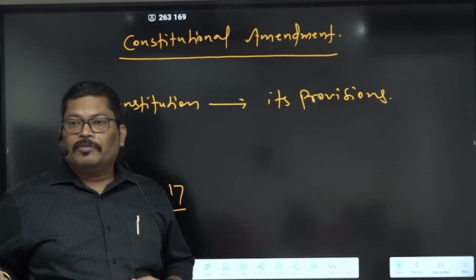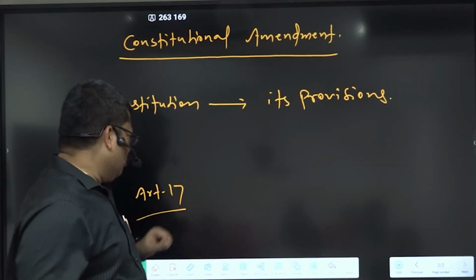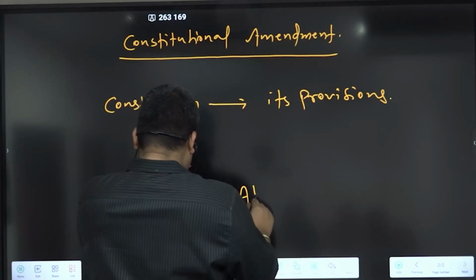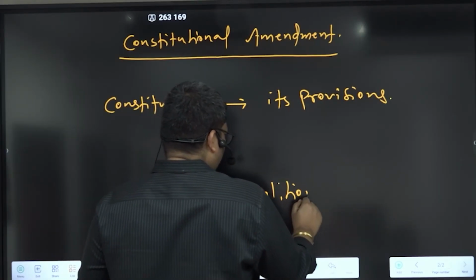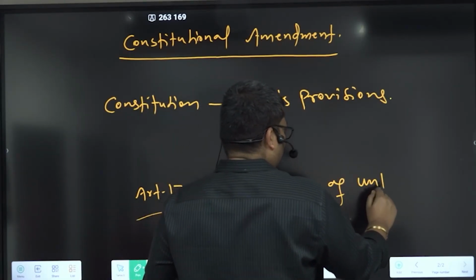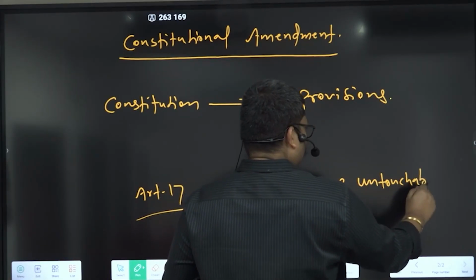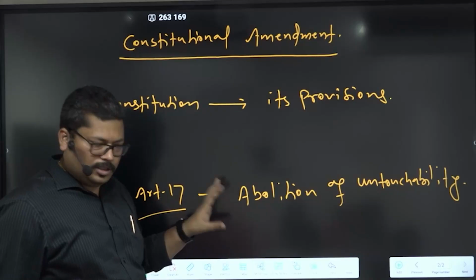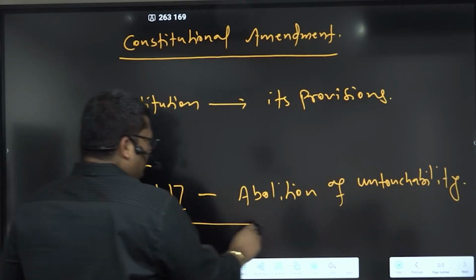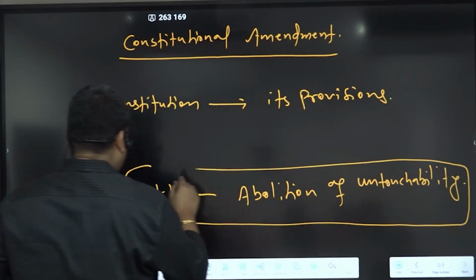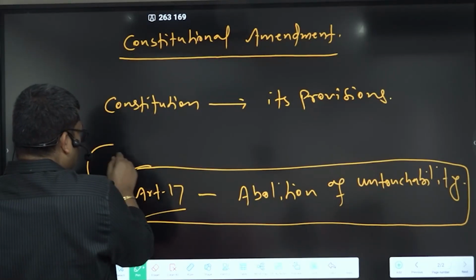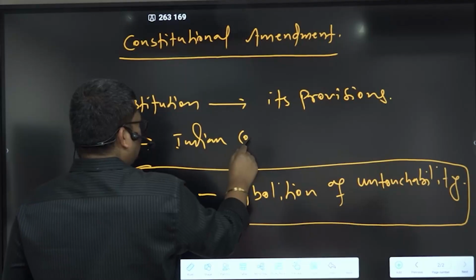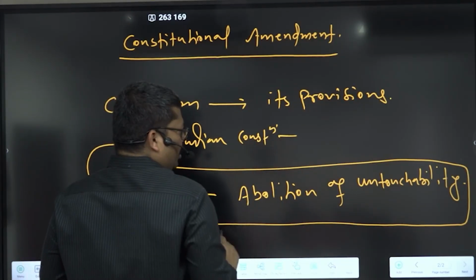For abolition of untouchability. Look, Article 17 states about abolition of untouchability. Don't you think this particular statement can be expressed in other way, calling Indian Constitution makes the provision for what?